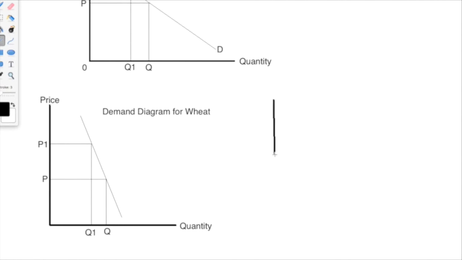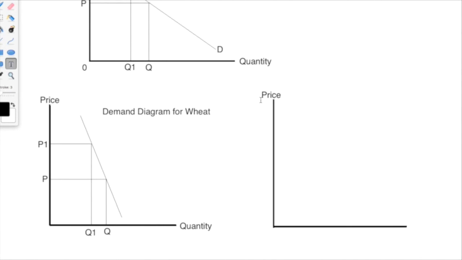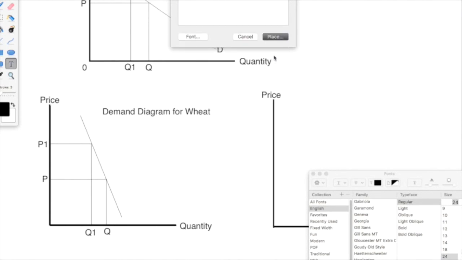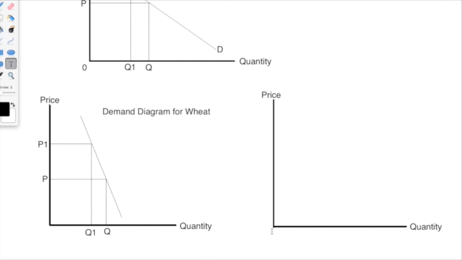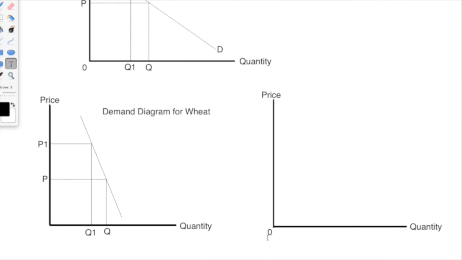So we have our two demand curves. Let's draw that again. Whatever. So yeah, we'll just manage. We have the two demand curves. Let's label them price and quantity, and let's have our 0, and let's draw our demand curve.